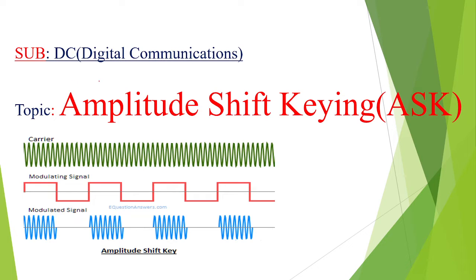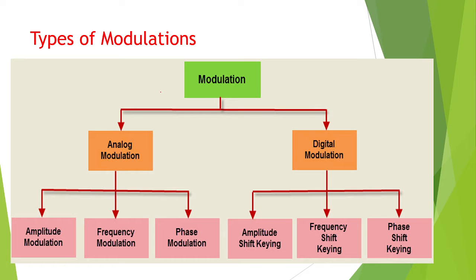I'm going to explain about amplitude shift keying. This is a digital modulation technique. First, you should know the different types of modulation: analog modulation as well as digital modulation.